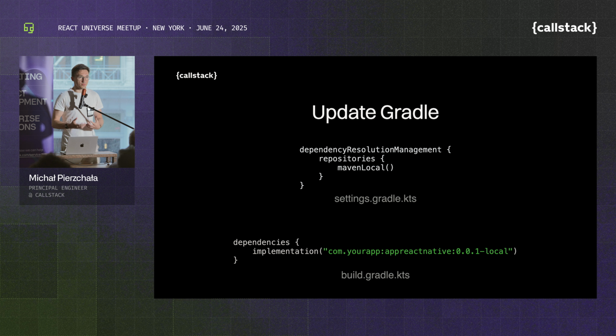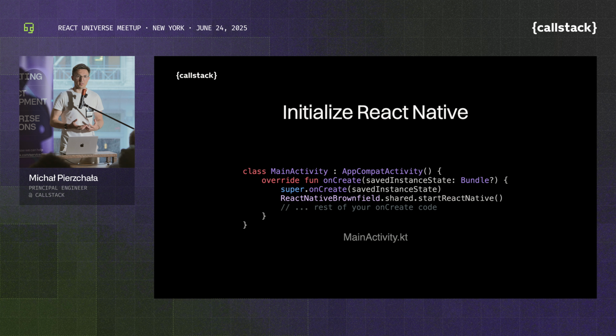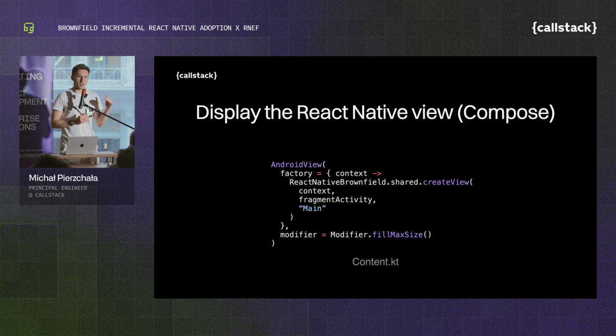And once we're past that, similarly to iOS, we can simply start React Native in our onCreate handler. And for example, if you're using Compose, it's like declaring the view using the React Native Brownfield shared create view method. And this will work similarly with regular Kotlin setups.